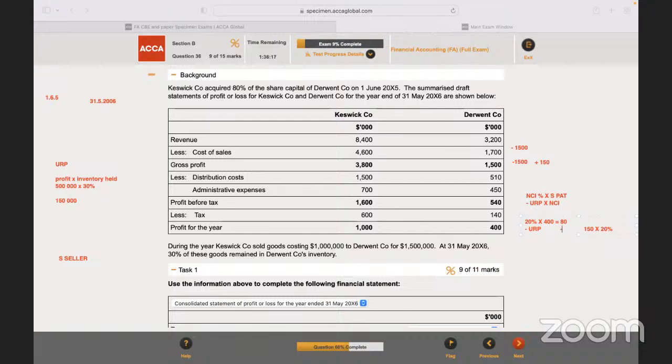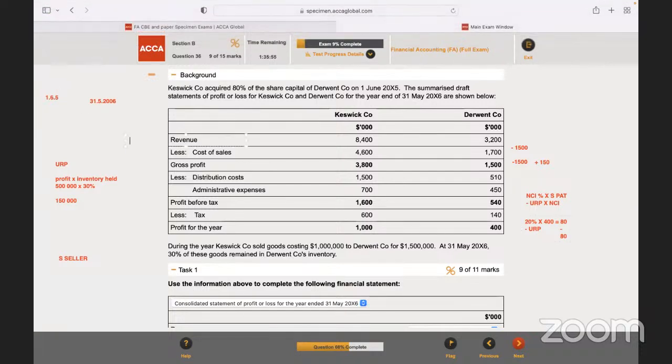Then it will be 30. So then my answer will be 50. You should do this when the subsidiary had sold: take the URP, put the NCI percentage. But today's question, guys, it's not the subsidiary who sold, it's the parent. That means the URP is not there. So the final answer is 80.